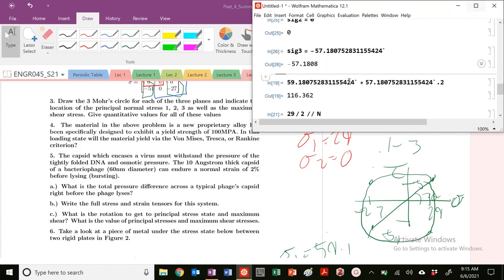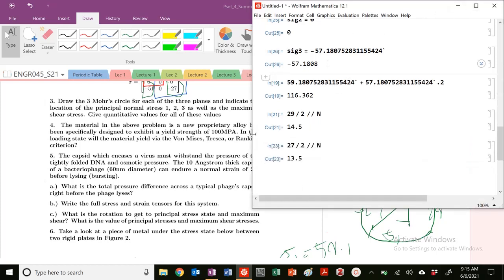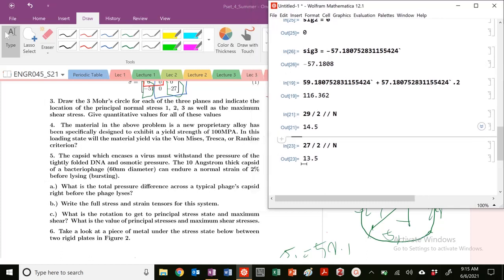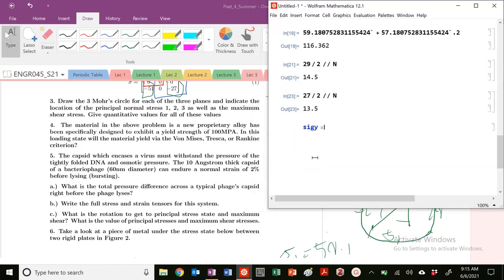So sigma 1, sigma 2, sigma 3. Now, we are told that this material should exhibit a yield strength of 100 megapascals. So my sig y should be equal to 100 times 10 to the 6. So, will it yield via the von Mises-Tresca ranking criteria? So ranking is sigma 1 greater than sig y. No, so it's not going to yield.